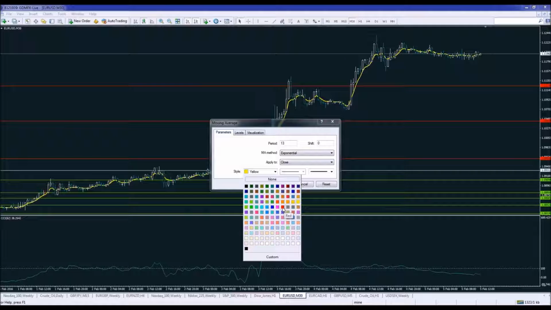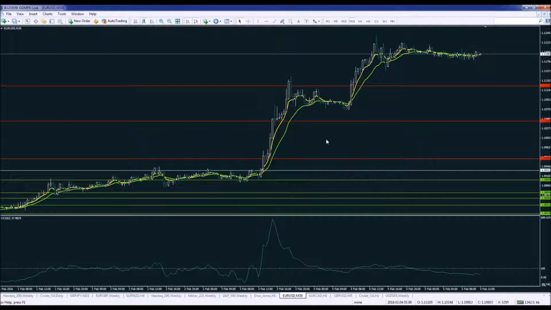Also, we are going to choose something much more neutral due to the slower moving average. So let's take the green. I think it resembles a little bit better, so we don't get confused with the candles behind. Of course, the appearance is up to you to choose what you want.